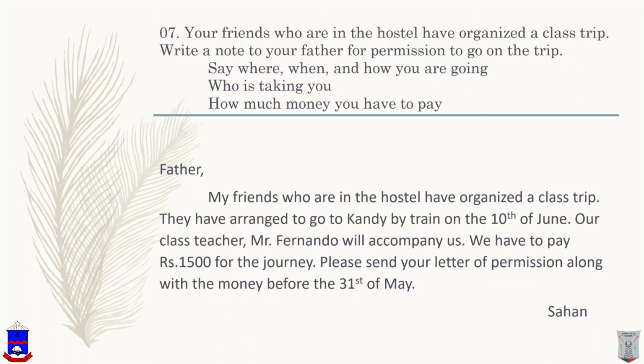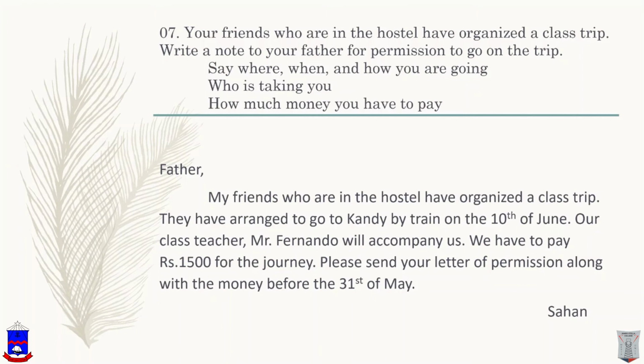So once again, you have to look at the question carefully, and then when you write the answer, you have to give all the necessary information. Like I told you, it is a guided writing, so it is guided by the question, right? Now look at the answer.